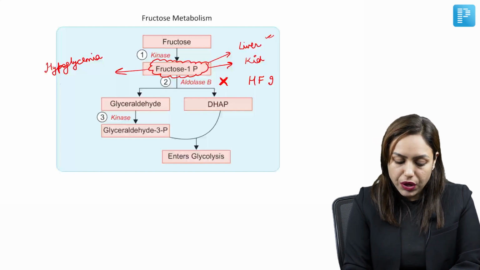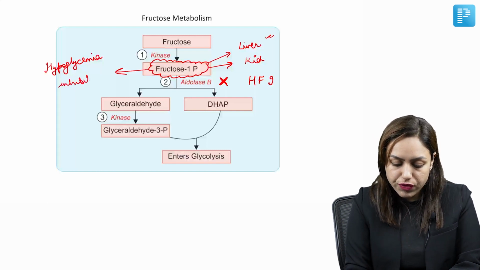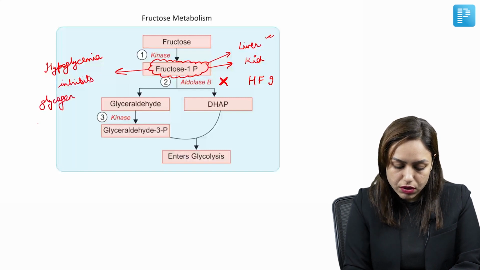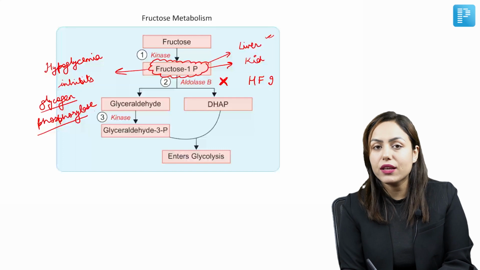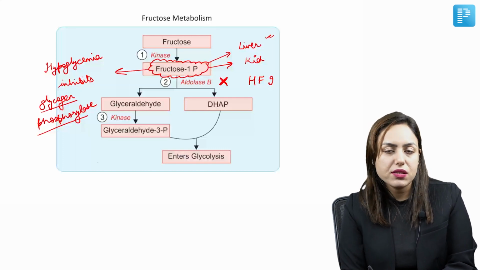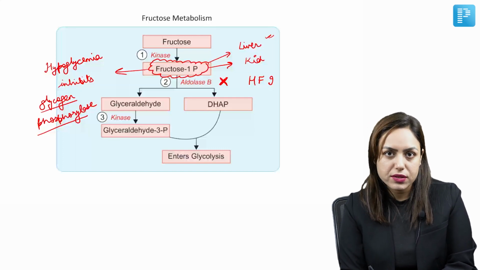Why? Because fructose 1-phosphate inhibits the enzyme glycogen phosphorylase. It is an inhibitor of the rate-limiting enzyme of glycogen breakdown, that is glycogen phosphorylase.